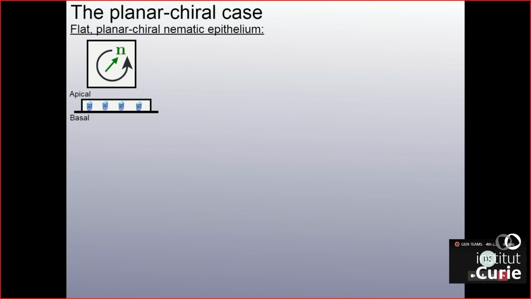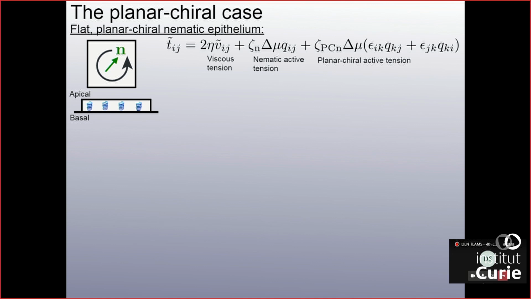This is a bit of a special situation, but if you have a tissue which is on a substrate and has the difference between apical and basal axis and is also chiral, then it has both up-down broken symmetry and a broken chiral symmetry. And as a result of the combination of these two, the planar chiral symmetry is also broken. So in fact, they are all broken. But that means that the planar chiral effect can emerge.